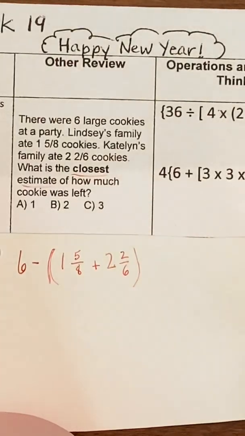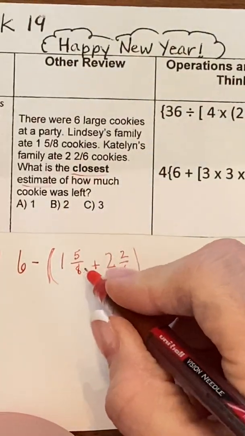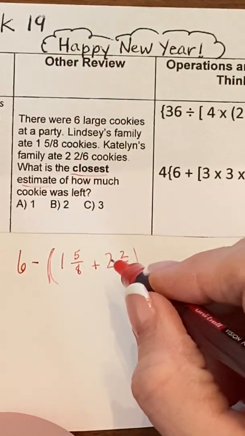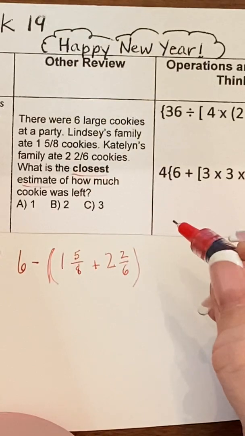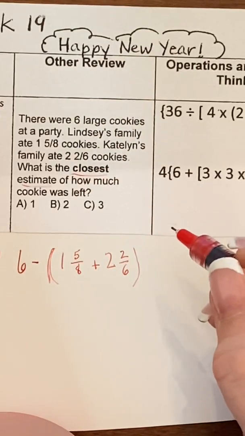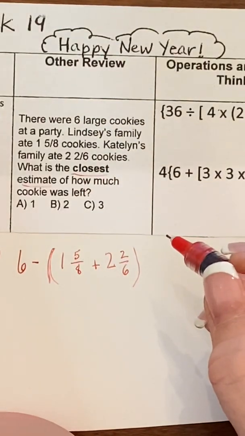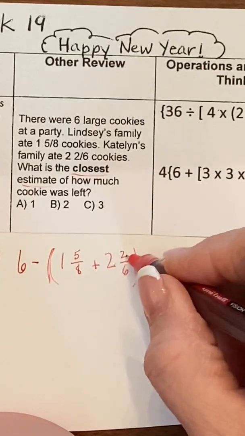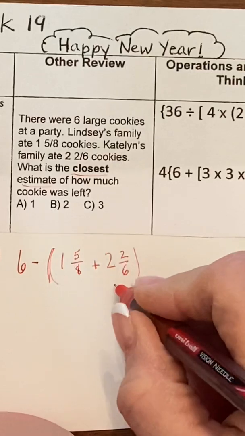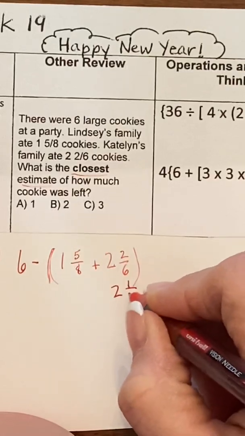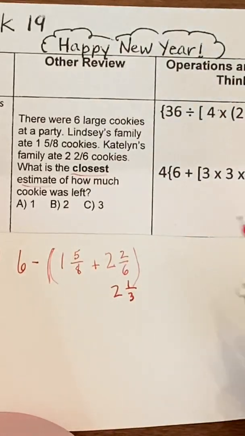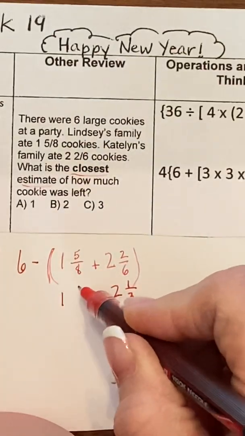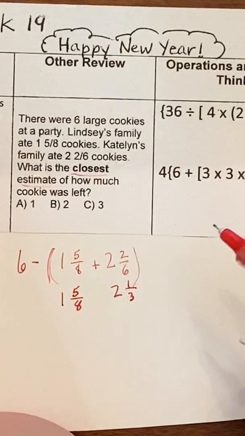So 1 5/8 cookies, you could say that's more like 1 1/2 possibly, if you wanted to do it that way. You could always think of this one as 2 1/3 because simplified. So let's look at that, 2 1/3. And 1 5/8 is close to 1.5.